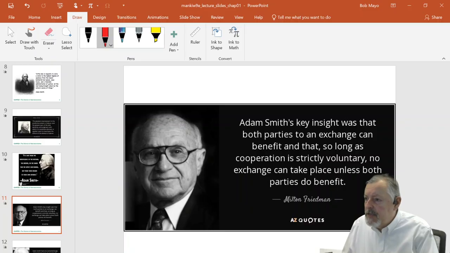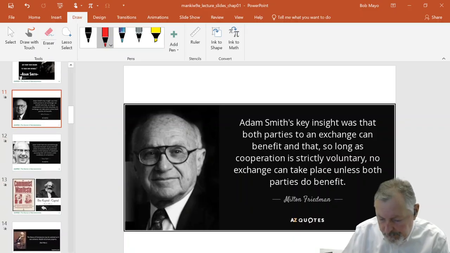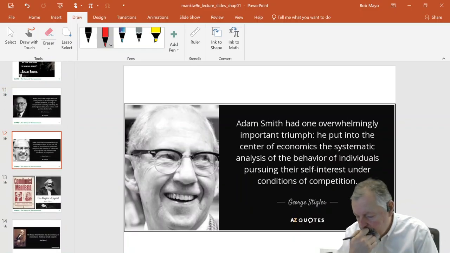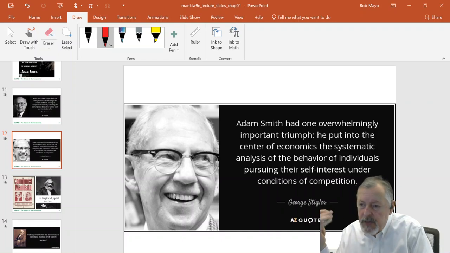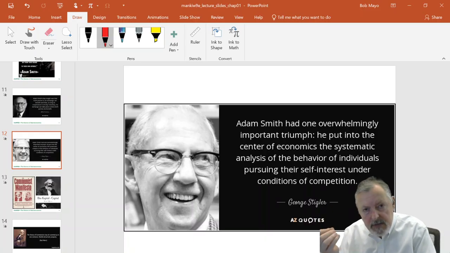Adam Smith's key insight was that both parties to an exchange can benefit as long as cooperation is voluntary. George Stigler, another Nobel Prize winner. Adam Smith tried to explain economic behavior by looking at the behavior of individuals acting in their own self-interest.